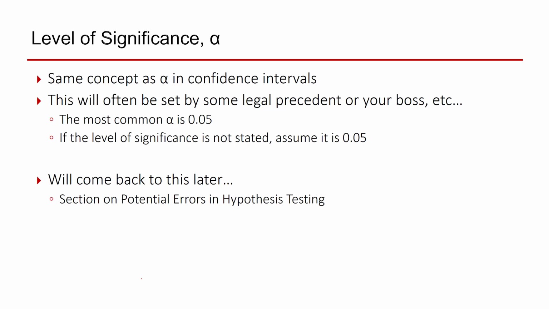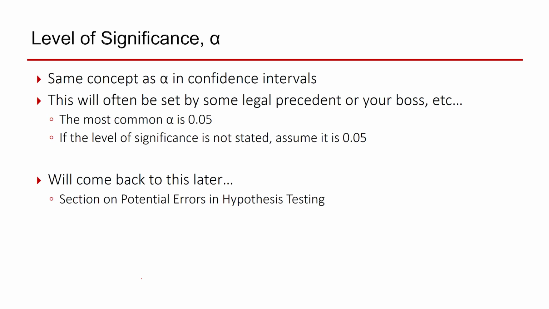Now think about what you use alpha for. You're comparing your p-value to it in order to make a decision about your hypothesis test. So if your p is low, your null is going to go. If your p-value is low, that means you got a result that's very rare under the null hypothesis being true.